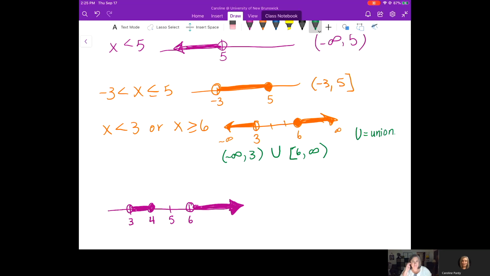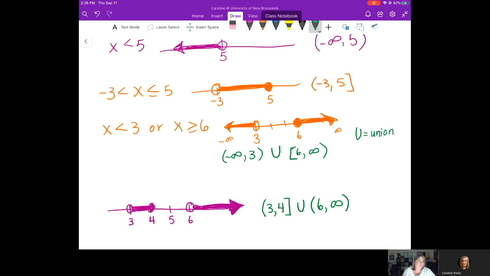So just pause the video and take a guess. Try to write that down. There's two pieces, so you need two intervals. So the first one starts at 3, but not including 3, and ends at 4, and we want to include the 4. And then the other part, so union, it starts at 6 and it goes to infinity, and that's what it would look like.